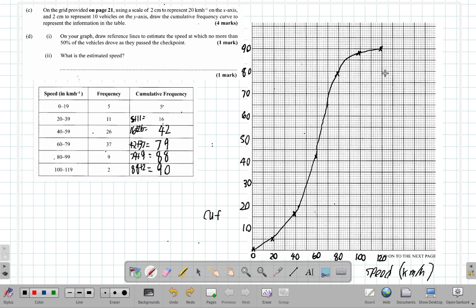So my cumulative frequency curve, I realize I missed here a little. Let me see what I can do about this part. Alright, so let's say this is my cumulative frequency curve.